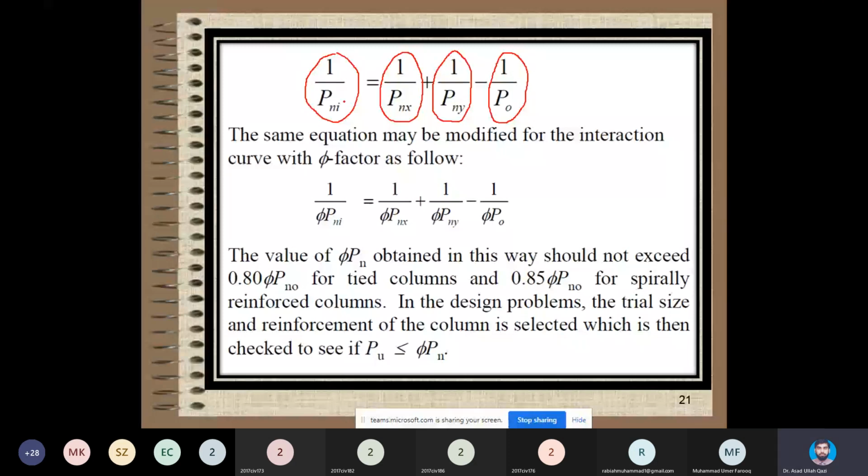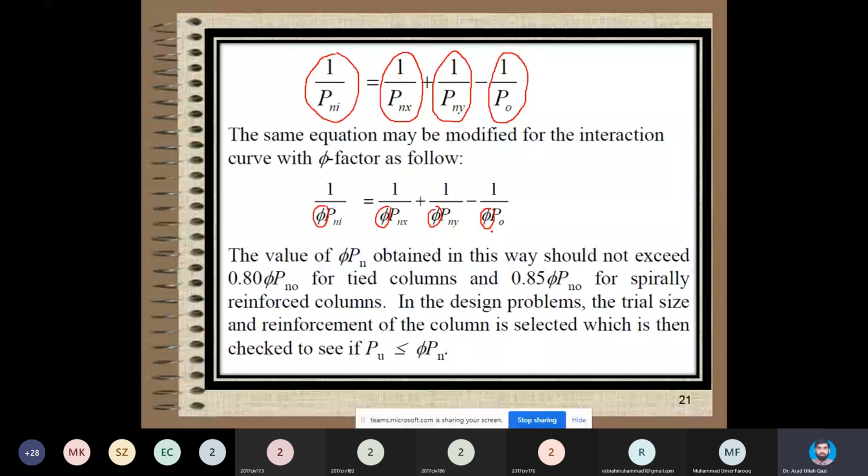So this approximate method utilizes the interaction surface drawn between reciprocal load and eccentricities. Since we are working on ultimate strength design, rather than nominal, we will put the capacity reduction factor with nominal to get the ultimate axial capacities under uniaxial bending, Pnx and Pny, and then the ultimate axial capacity when no eccentricity is present.